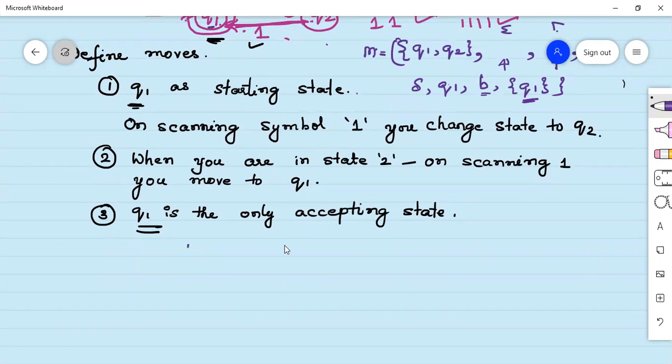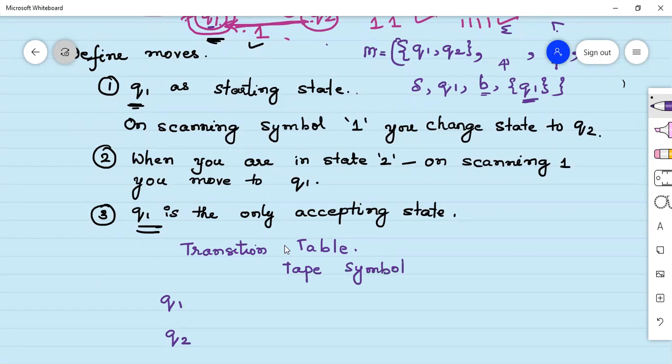So let us write the transition table for this Turing machine one. In the transition table, what will be in the rows? You will have states. In this case, you have only two states, Q1 and Q2. And what will be in the columns? You will have tape symbols.